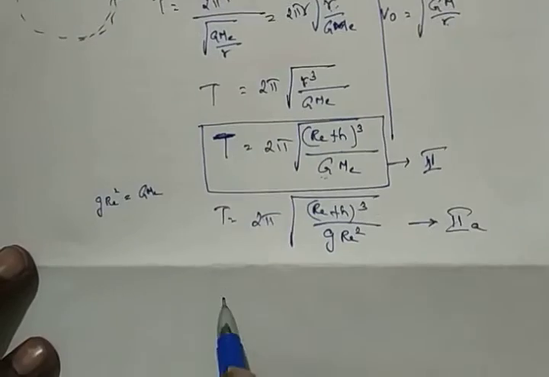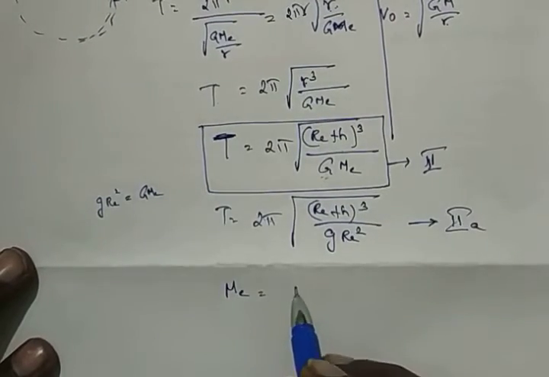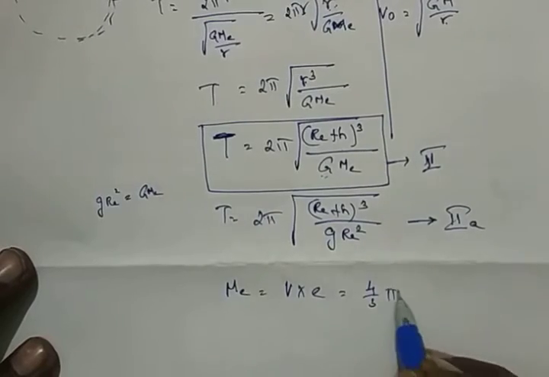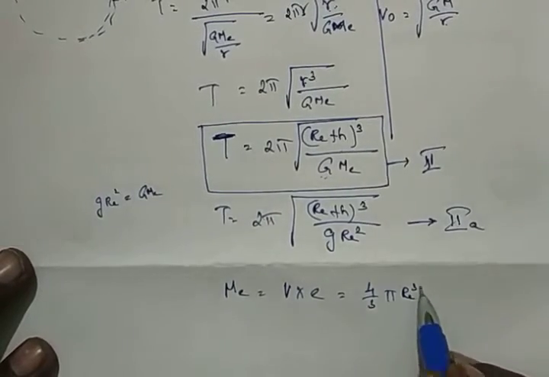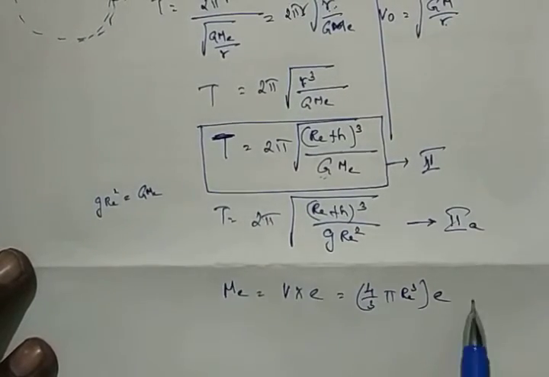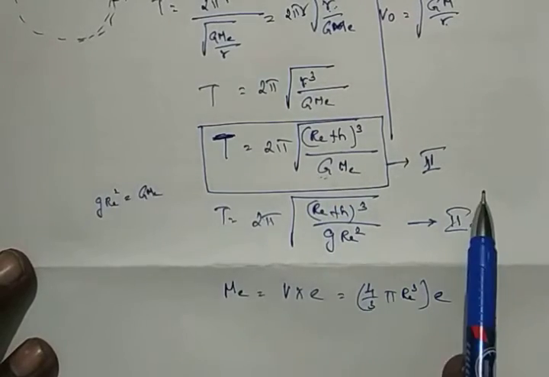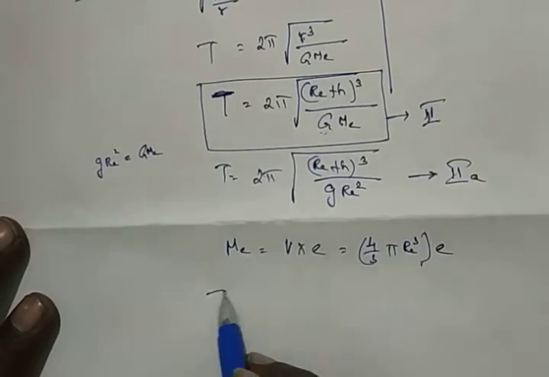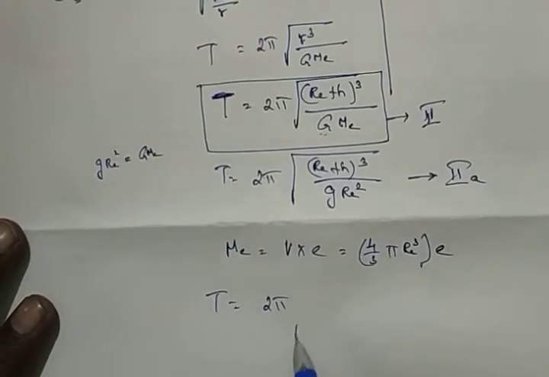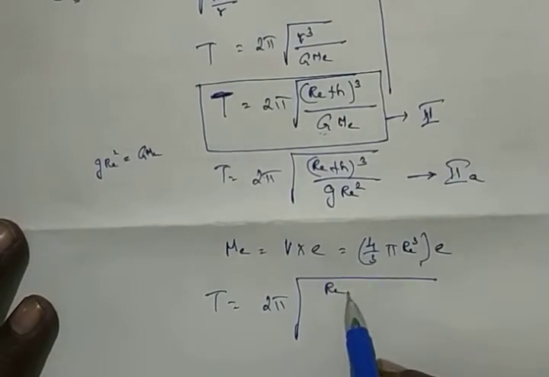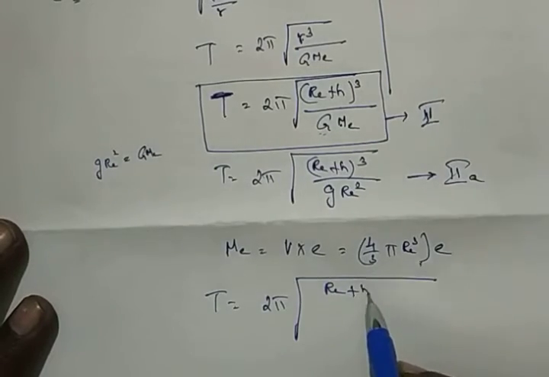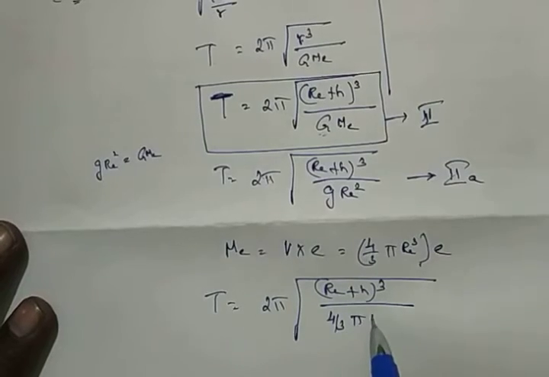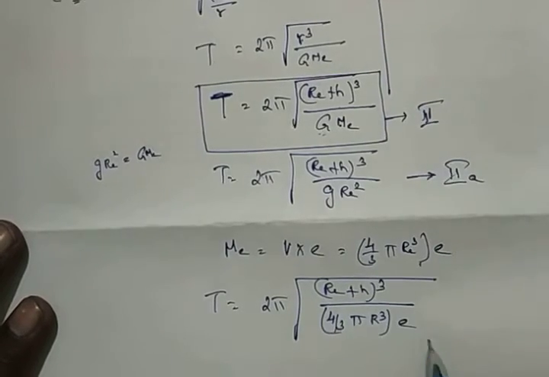So let us take the mass of the earth equal to volume into density, which is 4 by 3 pi r cube into density. So in this place, remove mass and put this value. So time period is going to be equal to 2 pi into under root of Re plus h the whole cube upon 4 by 3 pi r cube into rho.